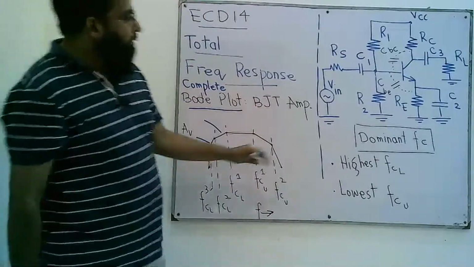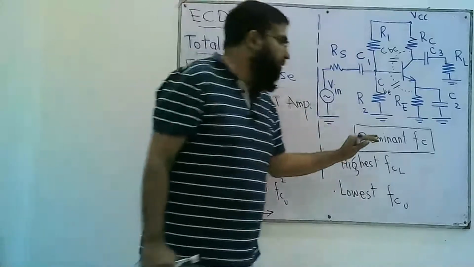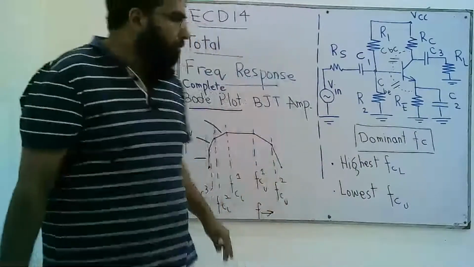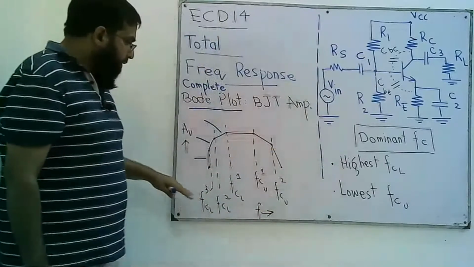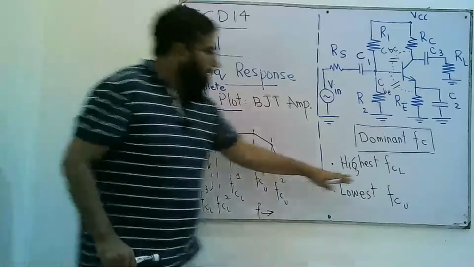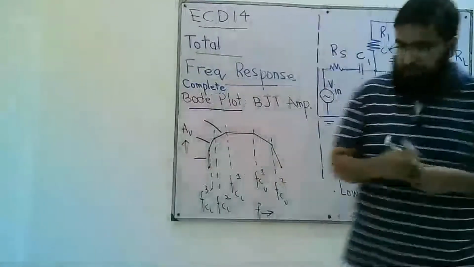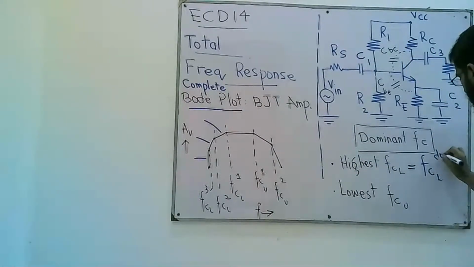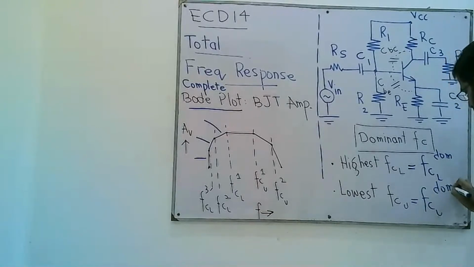Right. Today we are going to study what is a dominant cutoff frequency. A dominant cutoff frequency is one of the three, the dominant FCL, and a dominant FCU.